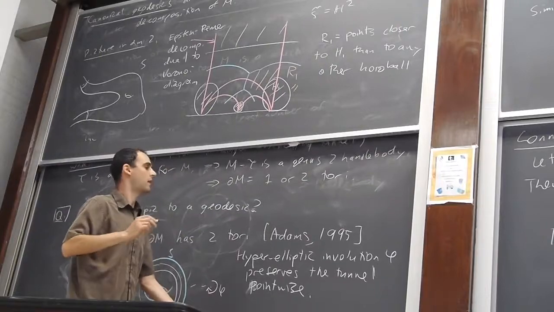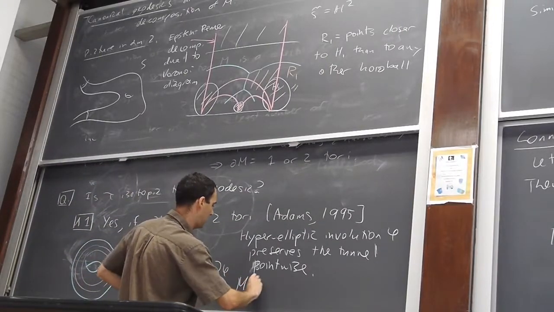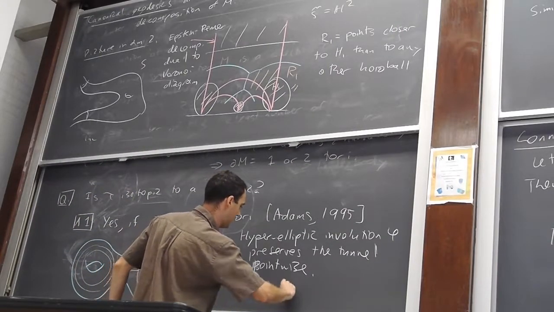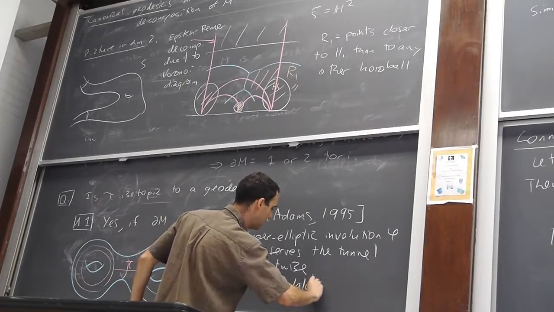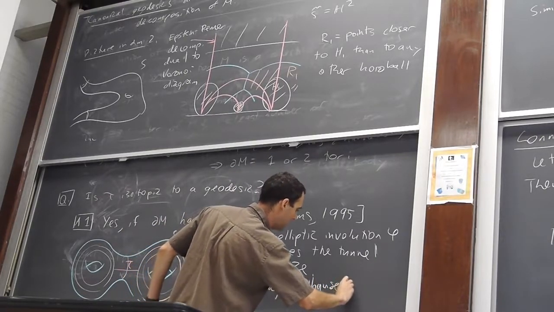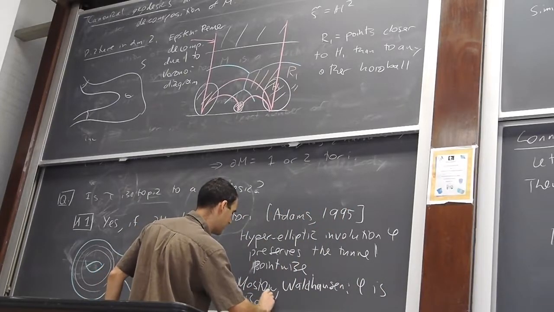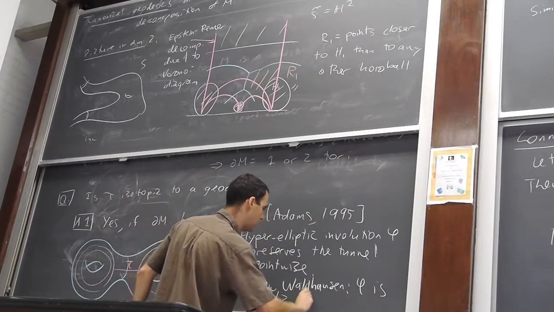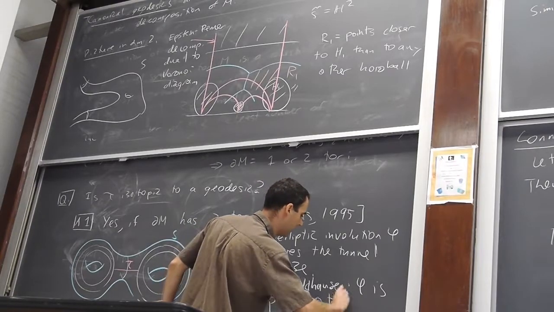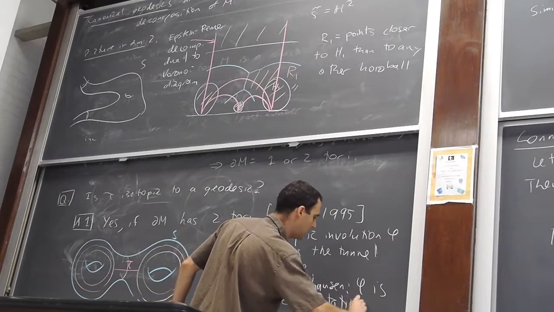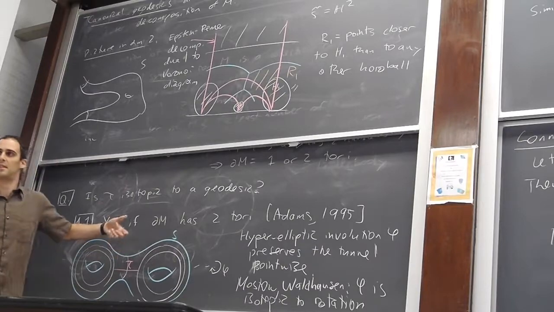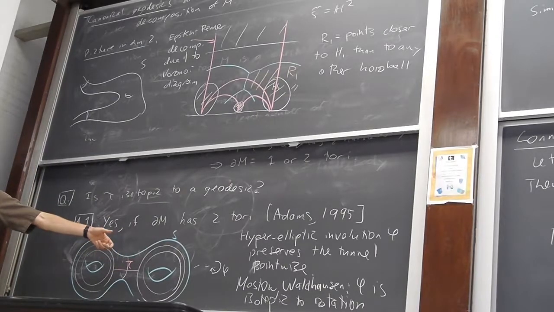And then Morimoto and Waldhausen tell you that phi is isotopic to a hyperelliptic rotation preserving an axis. So tau is isotopic to that axis.